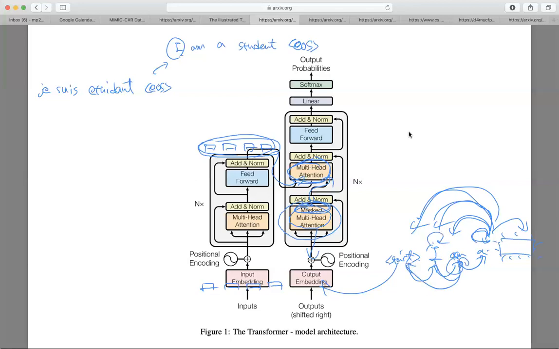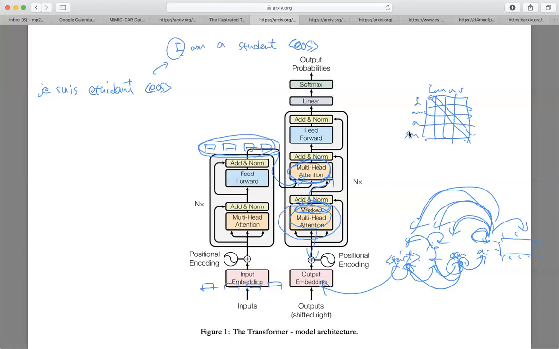"I" is allowed to look at itself and start, and start is allowed to look at itself. So the mask operation would be like a diagonal mask. Say "I am a student" on both axes, so there will be 1, 2, 3, 4. I'm actually ignoring the start token.